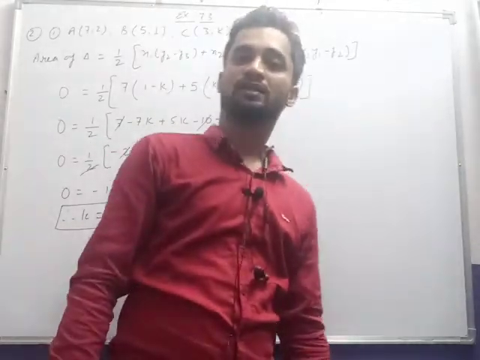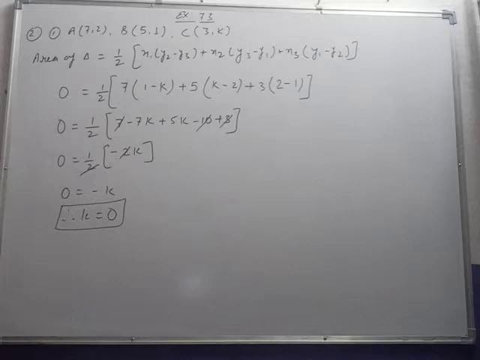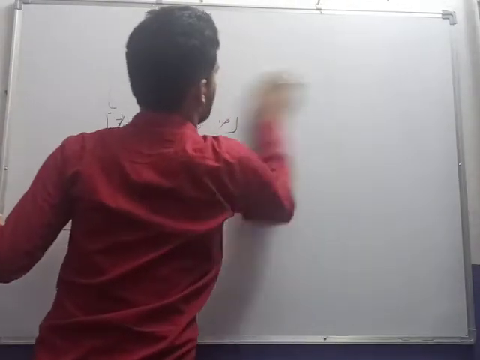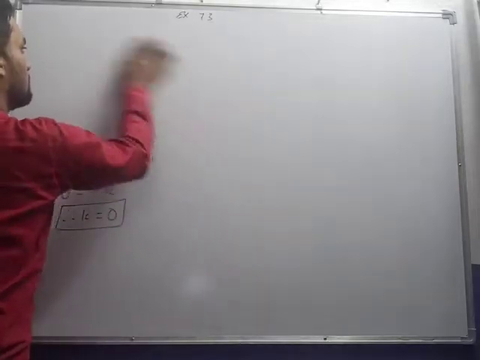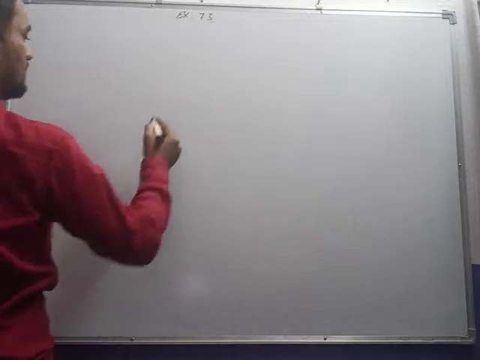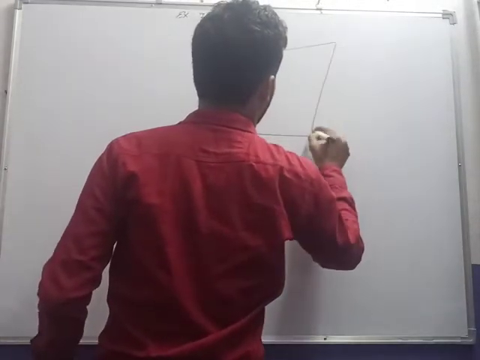The value of k is 0 for this case. Now the last question, question number 4: find the area of the quadrilateral whose vertices, taken in order, are (-4, -2), (-3, -5), (3, -2) and (2, 3). It is already given, taken in order. You can make any type of quadrilateral.